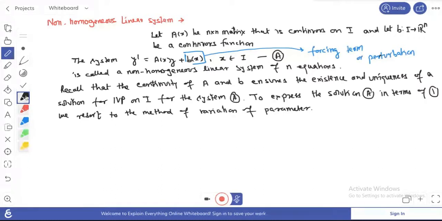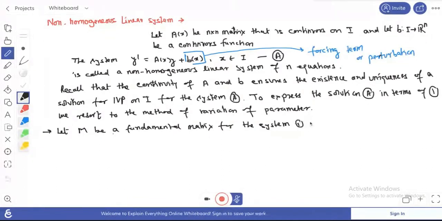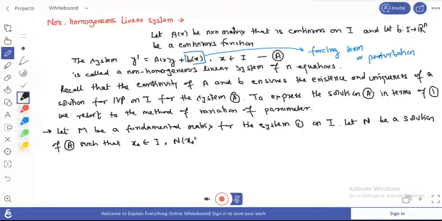Okay, so here we let M be a fundamental matrix for system 1 on interval I, and suppose N is a solution, basically a unique solution, of your system A, such that for any point which belongs to that interval the initial conditions are satisfied.